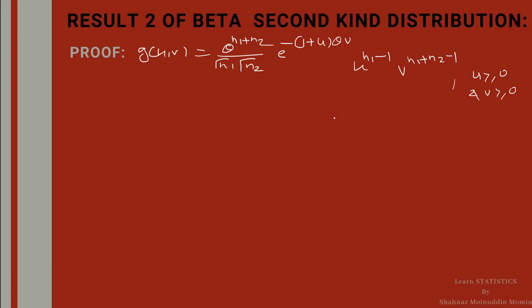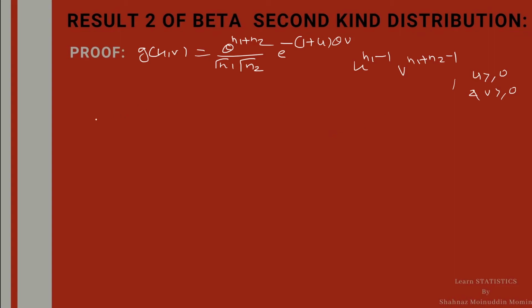Now we are interested in the PDF of u only, meaning the marginal PDF of u. In order to get the marginal PDF of u from the joint PDF of u and v, we must integrate the joint PDF with respect to v. All these terms are already learned in the previous lectures.